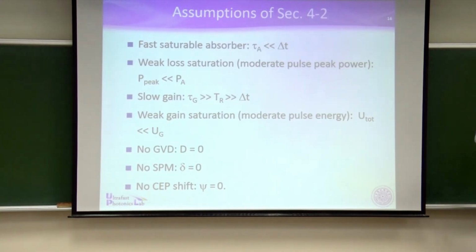Your gain, when the pulse drives the gain medium, the gain will drop, right? And the gain saturation is obvious if your pulse energy equals or is larger than UG. But if the total pulse energy is much less than UG, then the saturation is nominal.